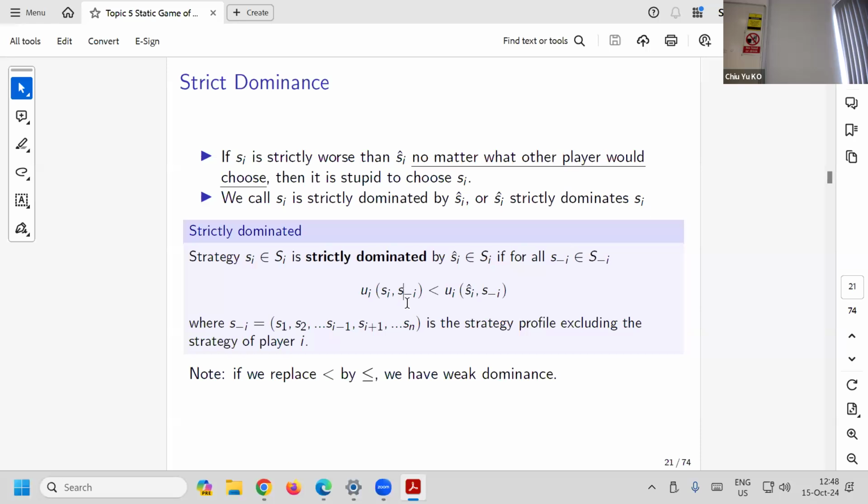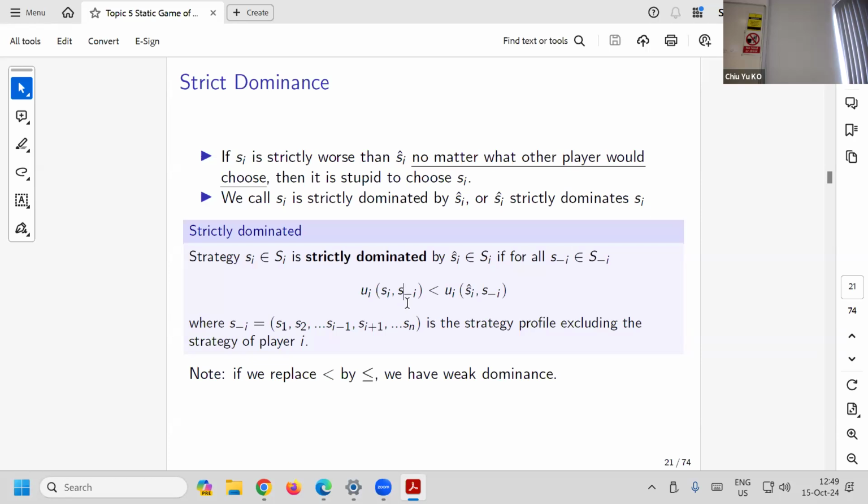So one thing that I think is very obvious, right? If you're given two choices, A and B, and no matter what the other guy does, A is strictly worse than B, you will never choose A, right?